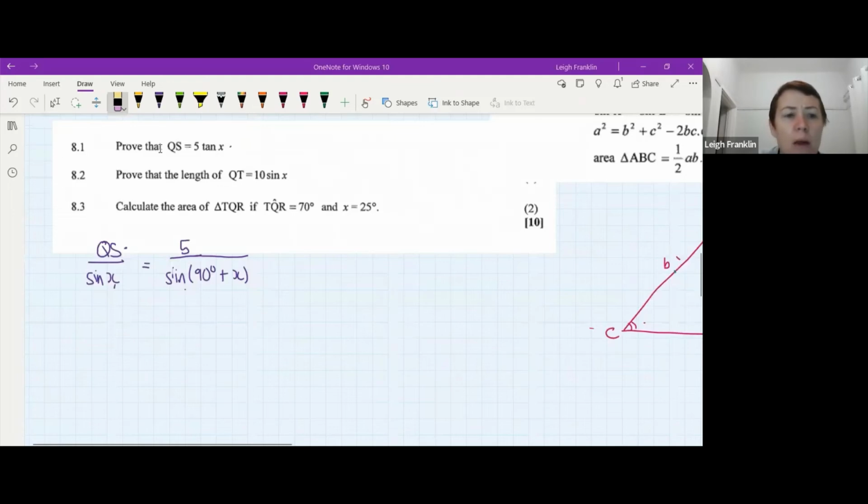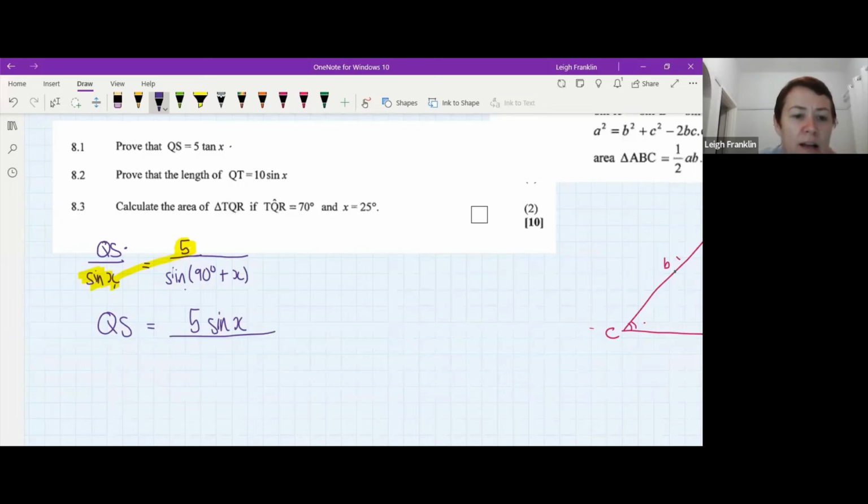Right, now remember, I want to make QS the subject of the formula. So I want to cross multiply this with that 5, so that QS is the subject of the formula. So now, guys, QS equals 5 sine x over the sine of 90 plus x, which is cos x.